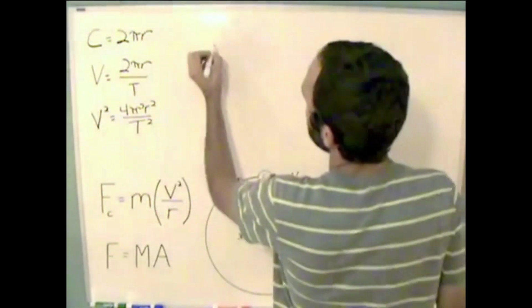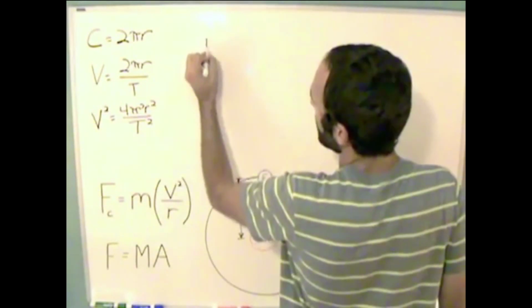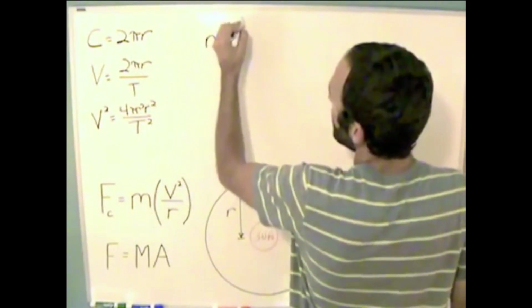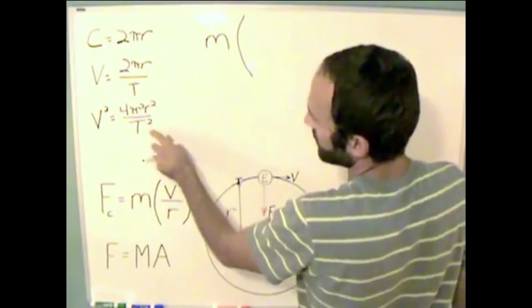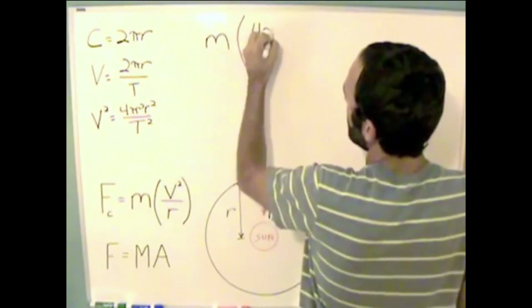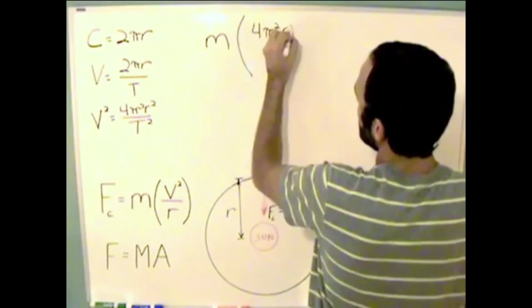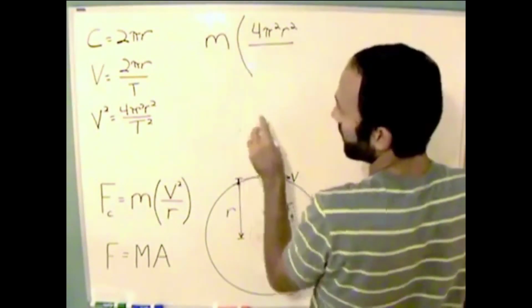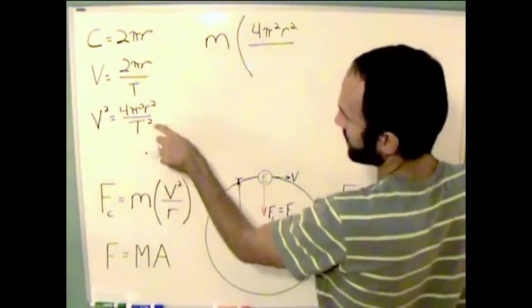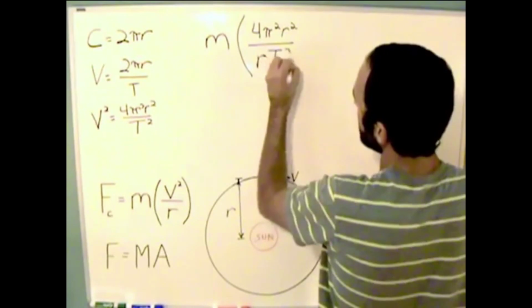Going back to that original equation, we can write the centripetal force equation now with that relationship. We substitute this for V squared, and that gives you 4 pi squared times r squared over r, because r was still on the bottom, and this T squared comes down here, over r times the period squared.